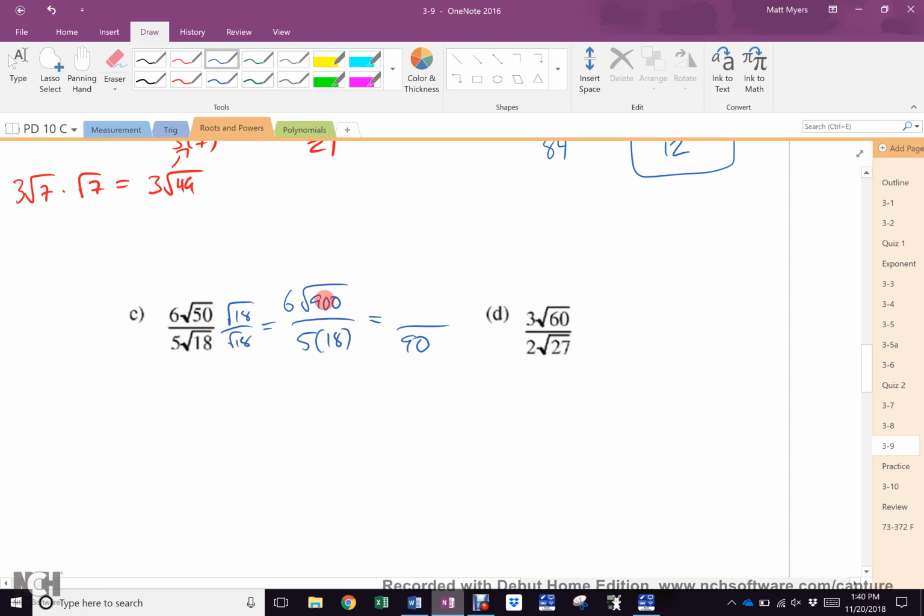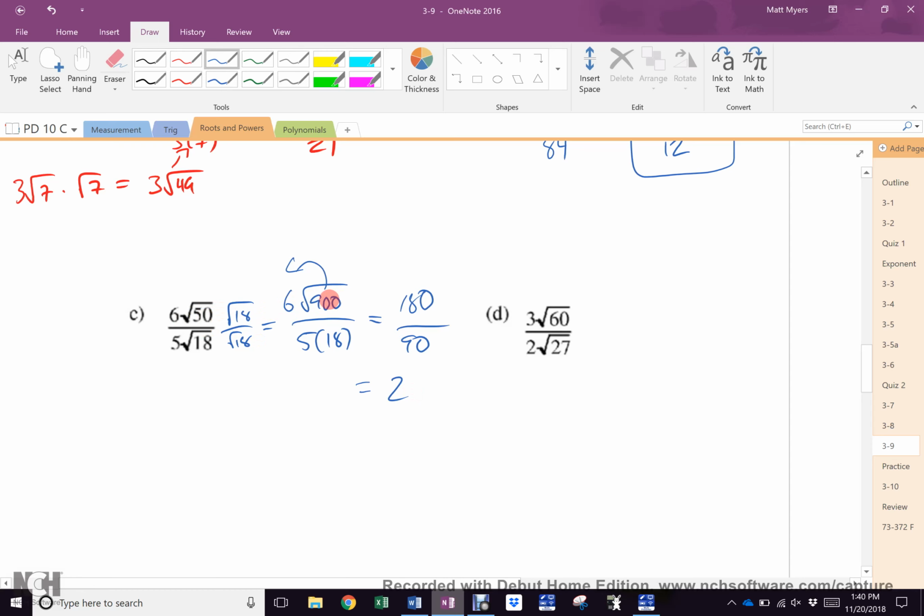Oh, I know that that's root 30, so out comes 30. That's going to be 180 over 90. That's going to be 2. If you like that better, do that. I don't. That was much better because it happened to work. 50 times 18 was root 900.